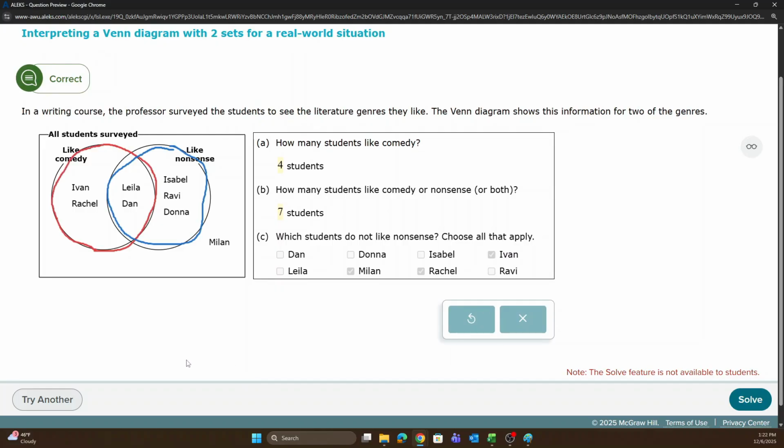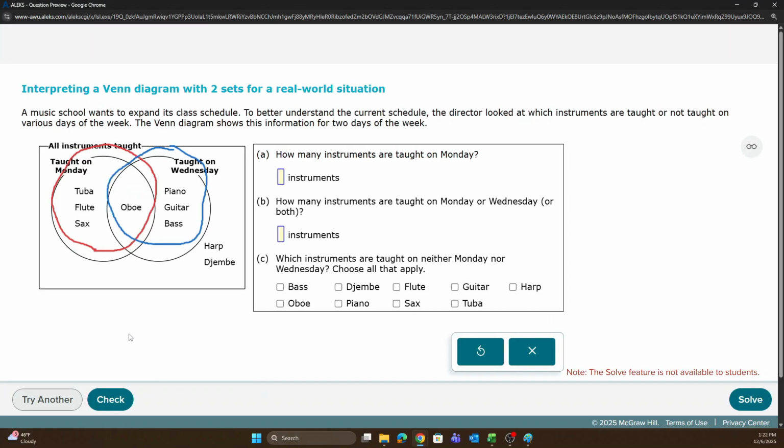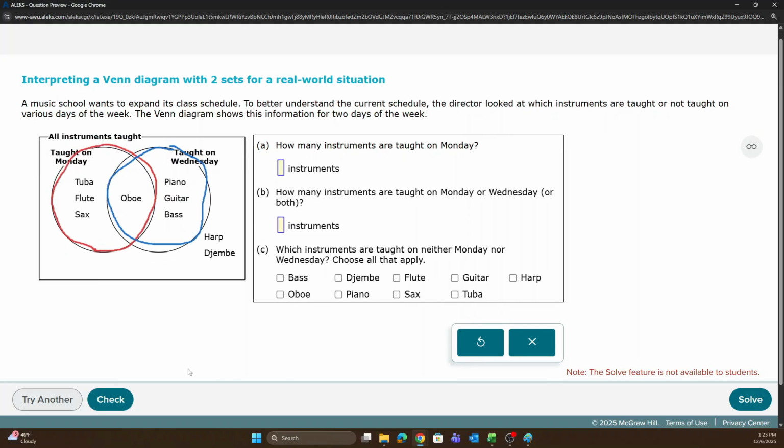All right, so let's look at one more and then we'll move on. Okay, so here we have different days of the week and different instruments being taught. So how many instruments are taught on Monday? That's everything in the red circle.